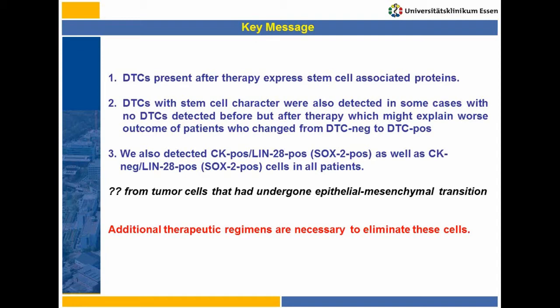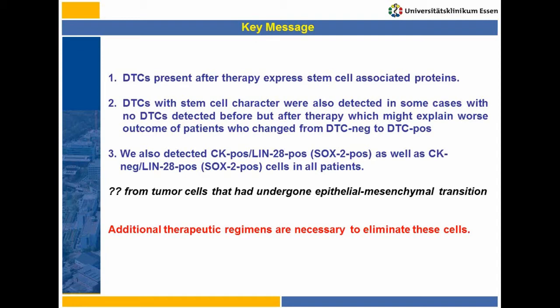And because we also detected Lin28 or SOX2 positive cells that were cytokeratin negative, we concluded that perhaps we have two different cell populations: on the one hand, some kind of mixture of epithelial cells and, on the other, cells that had undergone epithelial mesenchymal transition. So we can conclude that additional therapeutic regimens are necessary to eliminate these cells.